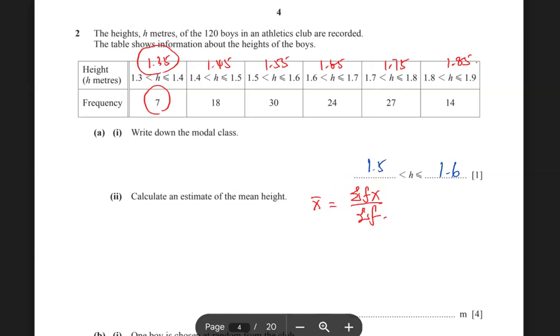So the fx here is just 1.35 times 7 plus 1.45 times 18. Okay, I'm just going to write it down. Plus 1.55 times 30.